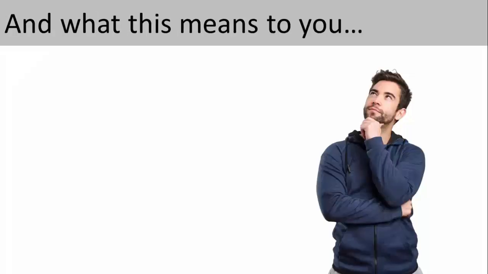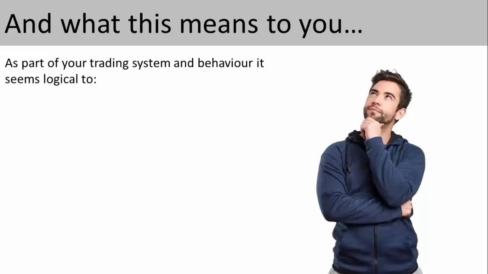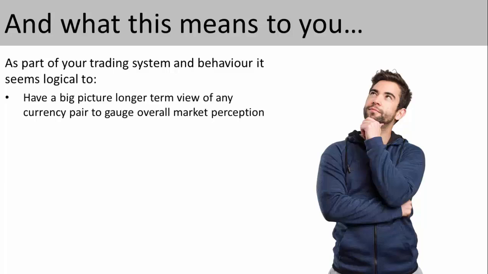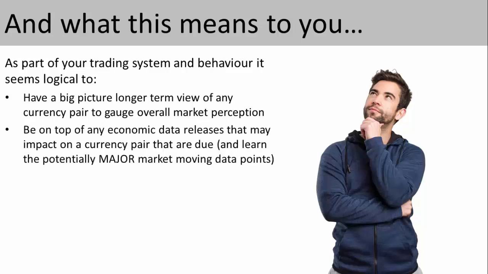So what this means to you is the following. As part of your trading system and behavior, it seems logical to have a big picture, longer term view of any currency pair to gauge overall market perception. Be on top of any economic data releases that may impact on a currency pair that are due, and of course, learn which are the potentially major market moving data points, as not all economic data moves the market in the same way.